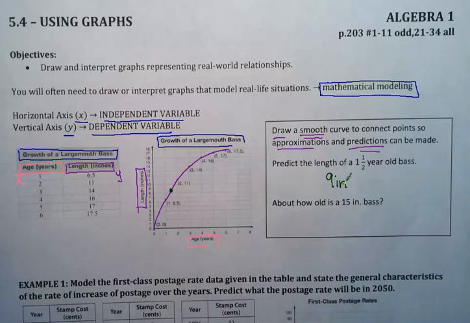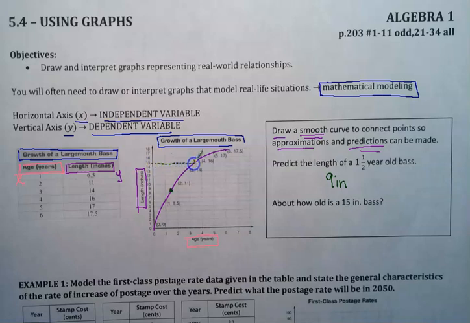Then it says, about how old is a 15-inch bass? In that case, we need to go over from 15. So 0, 1, 2, 3, 4, 5, 6, 7, 8, 9, 10, 11, 12, 13, 14, 15, I think is this number here, right?